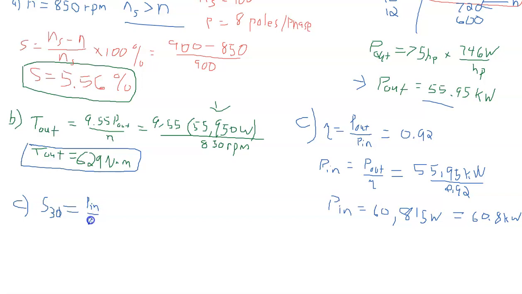And again, remember that S3 phase is the hypotenuse on the triangle, so it's the largest of the power values, and so bigger than power in, in other words. So I used 60,815 watts, and I divided that by the power factor that was given.